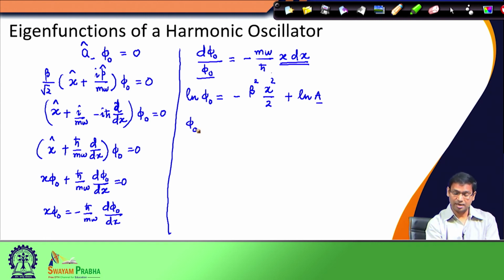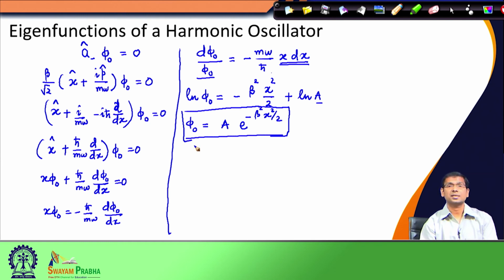So, I can rewrite this phi 0 as a, which is coming out of the constant of integration, multiplied by e to the power minus beta x square by 2. This is the functional form of the lowest eigenfunction of the harmonic oscillator. So, remember how we came to this functional form.